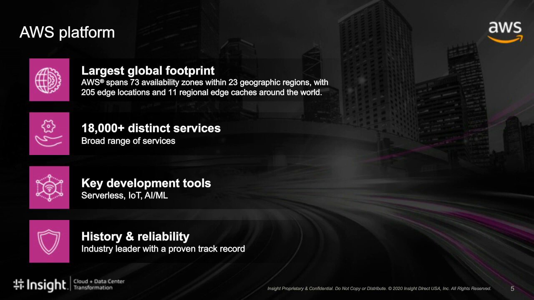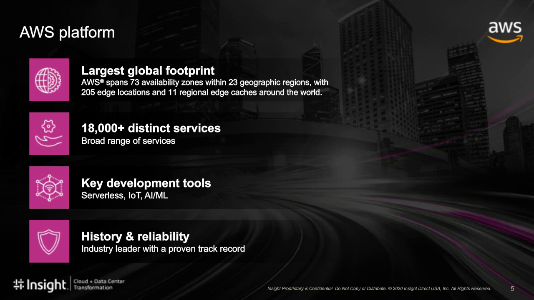They have the largest global footprint: 73 availability zones, 23 different geographic regions, 205 edge locations, and then additional edge cache locations. Their breadth is really the largest footprint in the world.